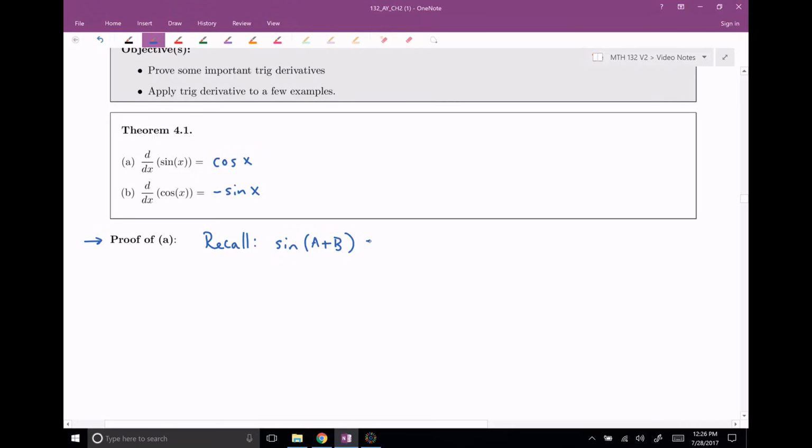This was relatively complicated. It was sine of A times cosine of B plus sine of B times cosine of A. And that is the angle addition formula for sine.